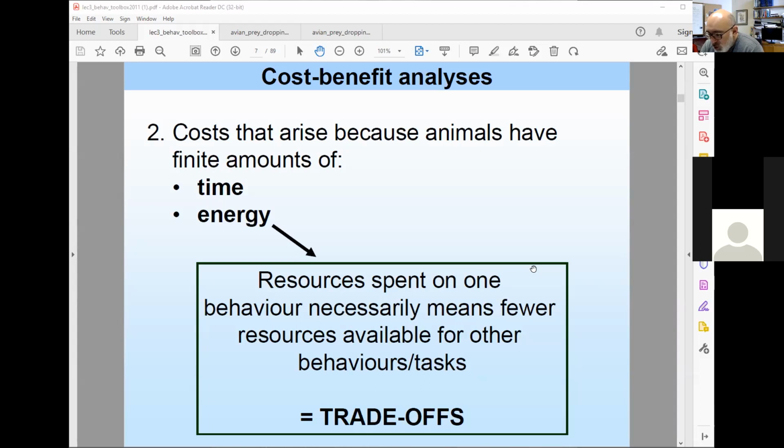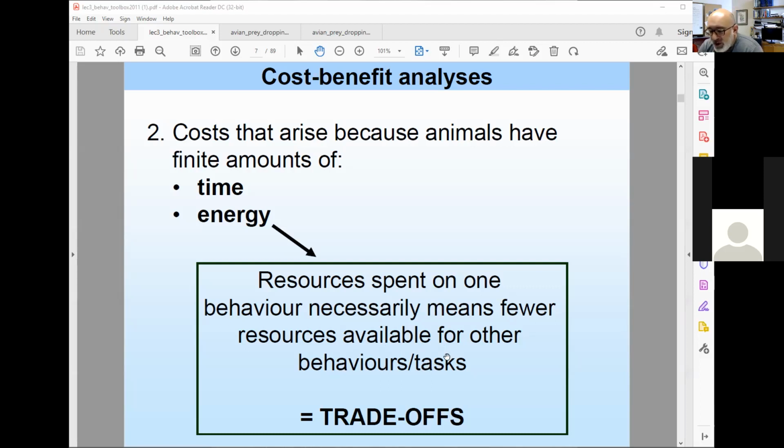And so animals often have to make what are called trade-offs. They have to decide, in quotes, because this is done from an evolutionary perspective, what behaviors to spend their time on. As it says here, resources spent on one behavior necessarily means fewer resources available for other behaviors or tasks.